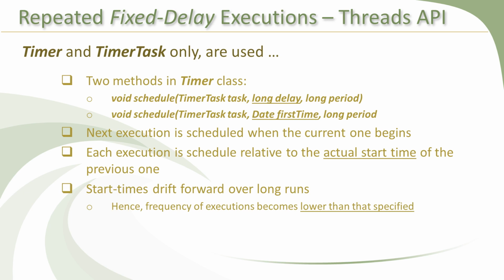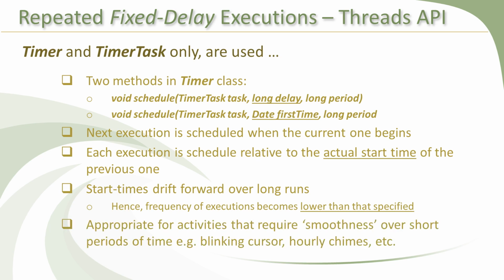So, if the current actual execution is delayed, then the next scheduled execution time will also be delayed. Then the next actual execution time will be either the same as or later than the next scheduled execution time. So, over long periods, this cumulative delay becomes significant and results in the frequency of executions becoming somewhat lower than what was initially specified.